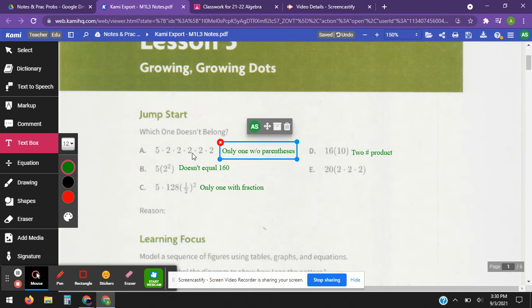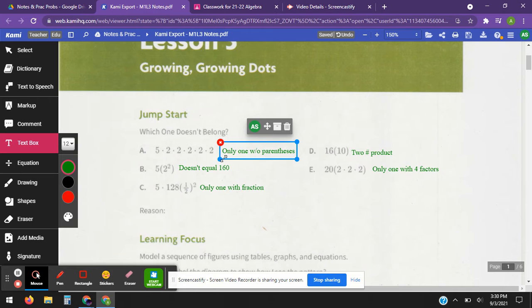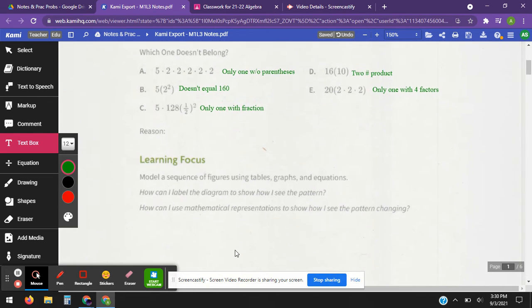I guess this one has 6 factors, 2 with an exponent. We'll just say this one is only 4 factors. All right. So there's different ways we could have done all these, kind of a reason why each one of them couldn't belong.